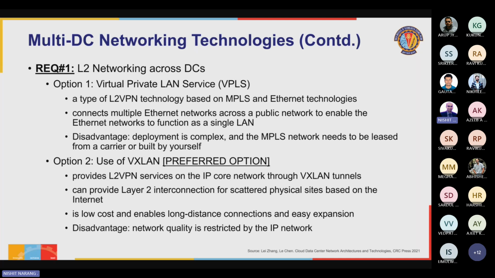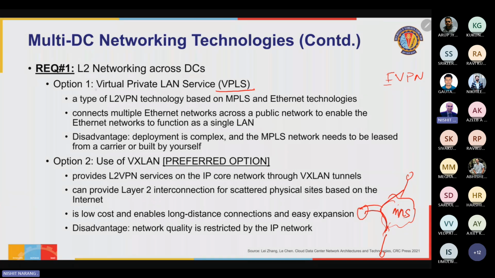Okay? So if I have to do L2 networking across data centers, I can use a tunneling technology like VPLS. What is VPLS? It's a virtual private LAN service. And remember, I talked about BGP EVPN in the last class, where we said you have an intermediate MPLS network and multiple branch offices connected over a service provider's MPLS network by creating a virtual private network via tunneling.